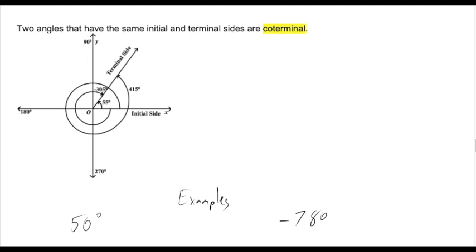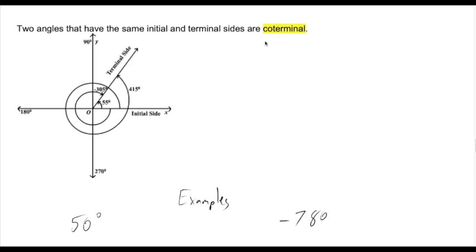So there are many angles. You saw that we could sketch an angle going around the circle multiple times. And if it falls on the exact same line, they are considered to be coterminal angles. The nice thing about coterminal angles is since they are on the exact same line, you only need to think about things that are 360 degrees away from that, because 360 degrees gives you a full circle.